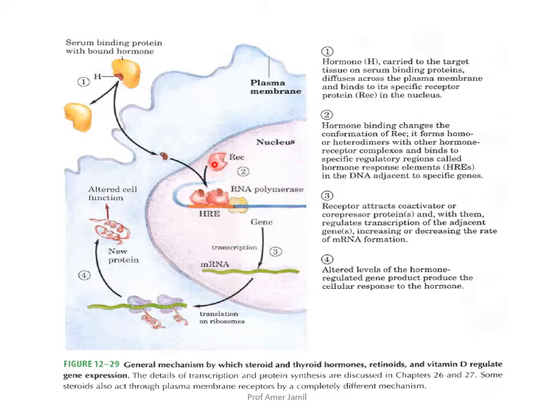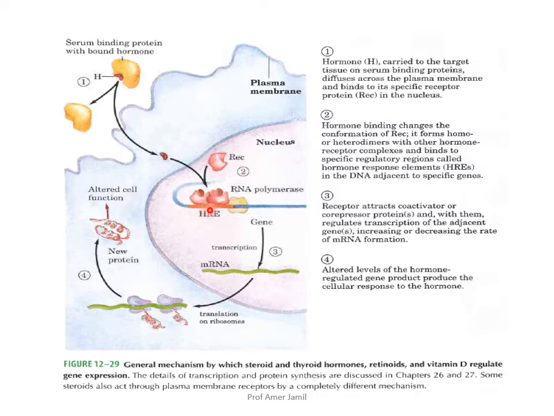And now this receptor molecule, along with the hormone, can bind to the hormone response element, which is present on the DNA molecule. As I mentioned in the previous slide, these are certain sequences which are specific for a specific type of hormone and their receptors.